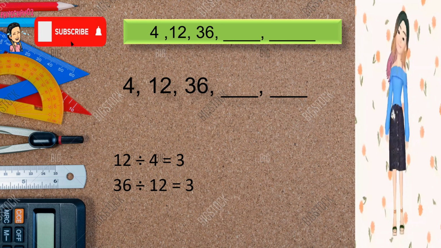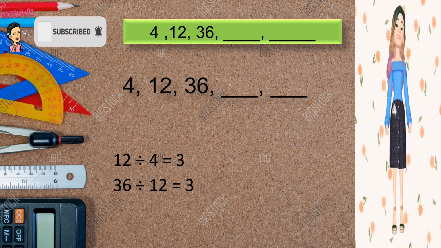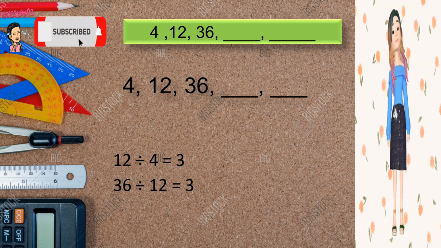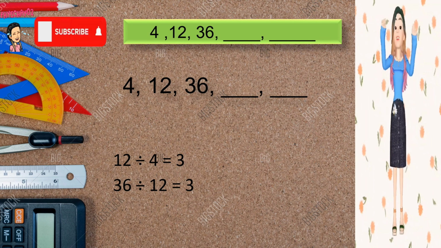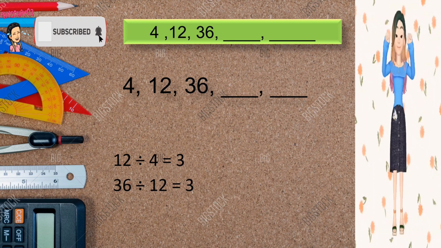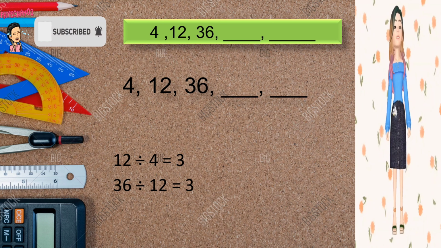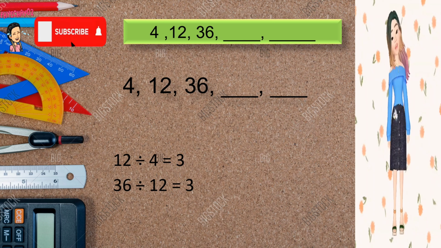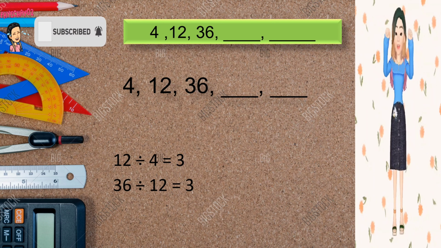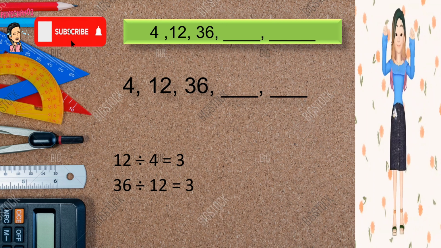So, 36 divided by 12 is 3. Since they have the same ratio or the same quotient, yun ang gagamitin natin. So, we have to multiply it by 3.